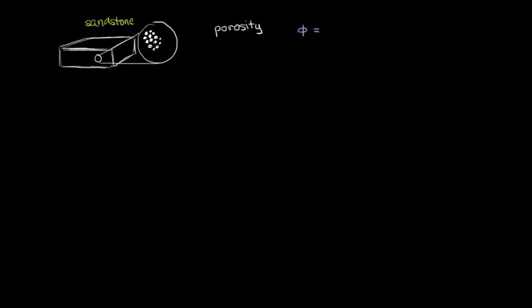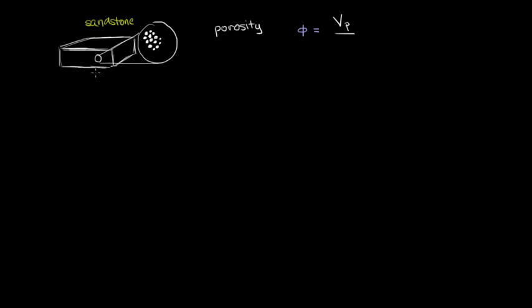And phi is equal to the ratio of this, I guess if you were to take all the contributions of this black void area within our rock and you add it all up, we call that the pore volume, so V sub P, and then you divide that by the bulk volume, which in this case would just be the height, the length, and the width of this rectangular prism.